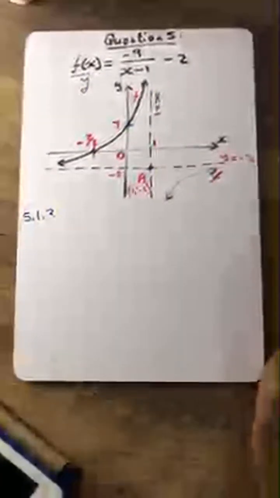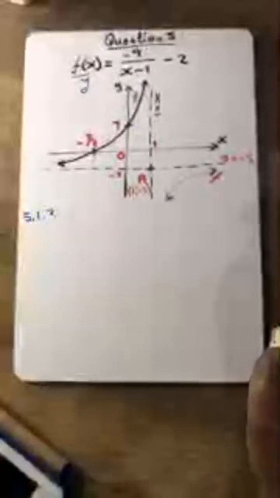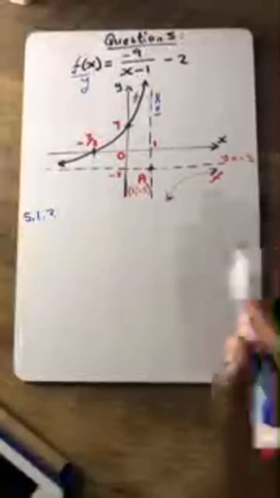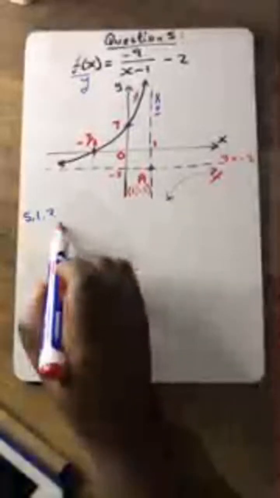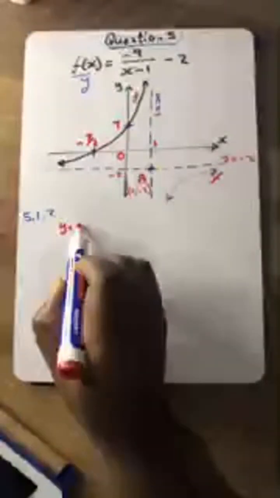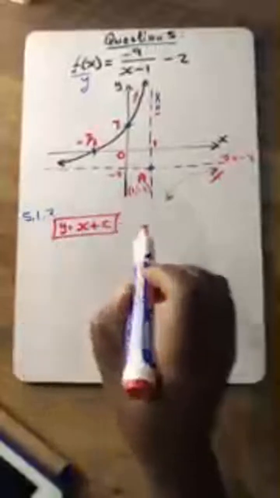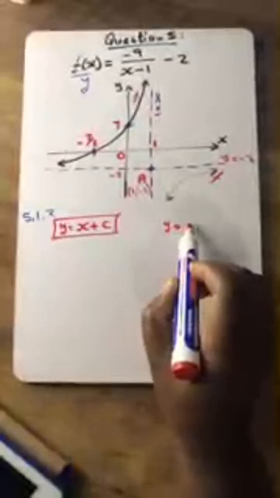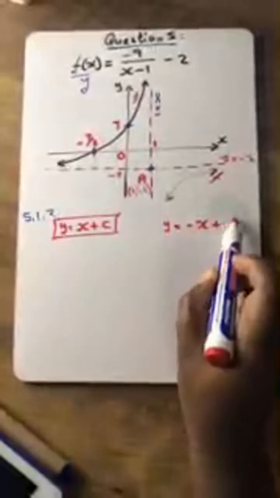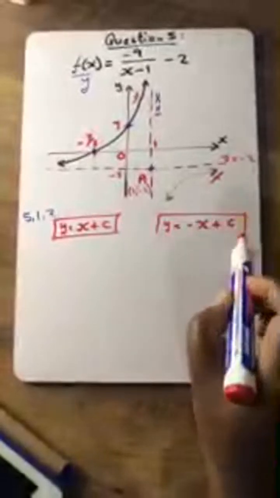So this is how you start it, honorable members. Firstly, you say, I've got two equations, y equals mx plus c. The second equation is this one, y equals negative x plus c.